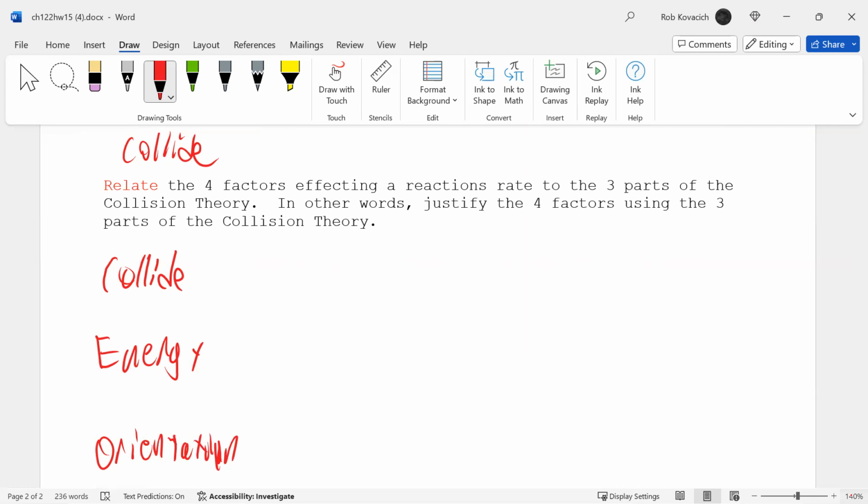Okay, so the 4 factors that affect the rate of the reaction are nature. Why do I have state in a parentheses? Why do we call it the nature of the reactants instead of simply just the state of the reactants?